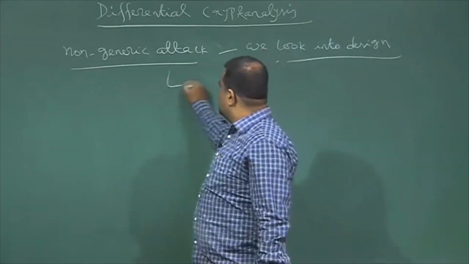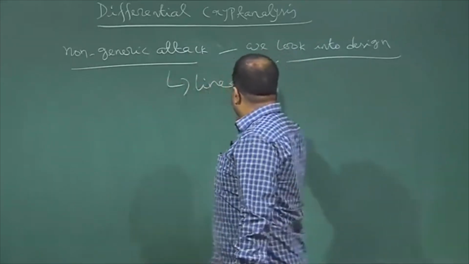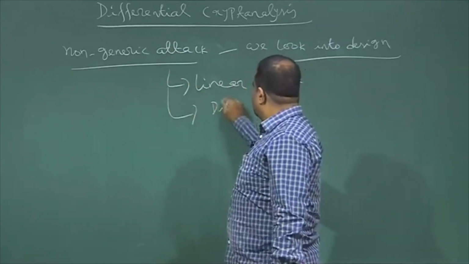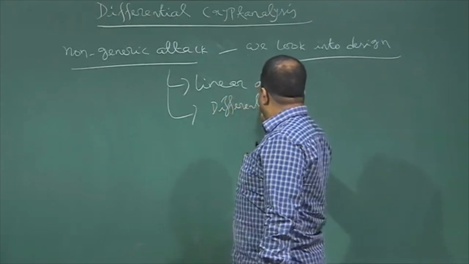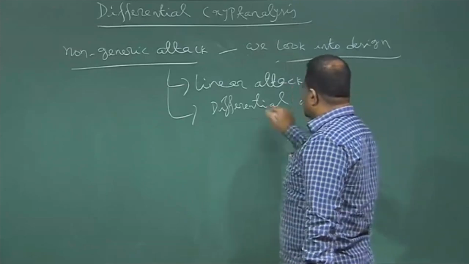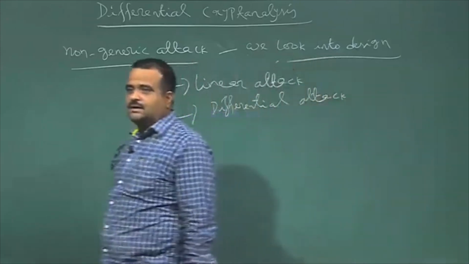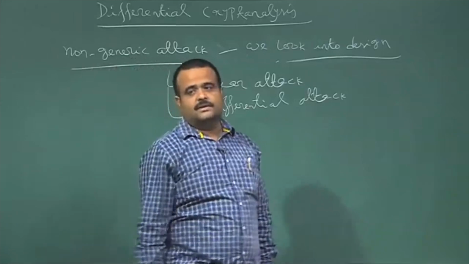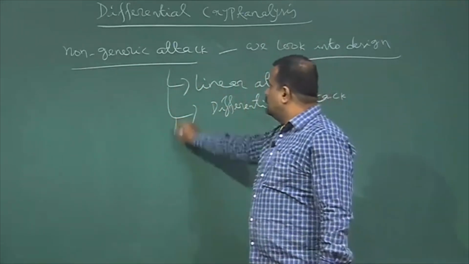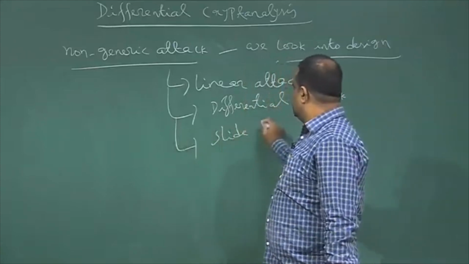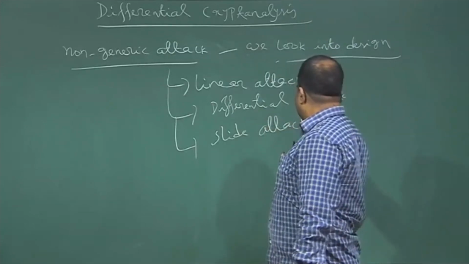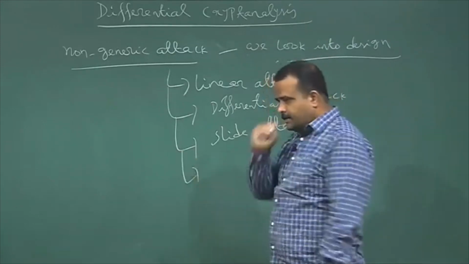So non-generic attacks are basically linear cryptanalysis, which we will talk about, differential cryptanalysis, differential attack, and some versions of the differential attack like boomerang attack, impossible differential attack, truncated differential attack, and also the slide attack. These are basically attacks on block ciphers, but this can be extended to stream ciphers also.